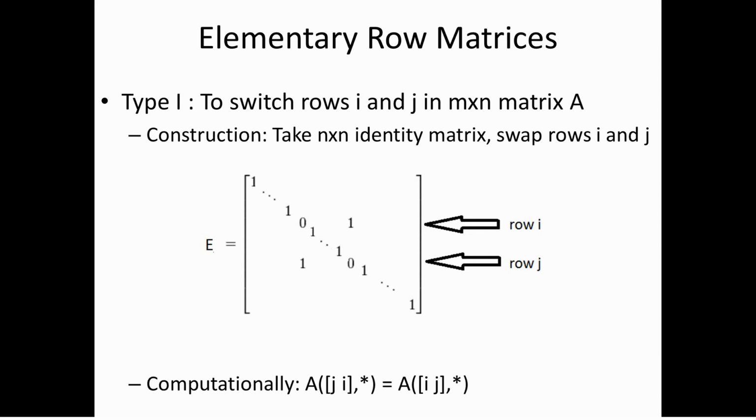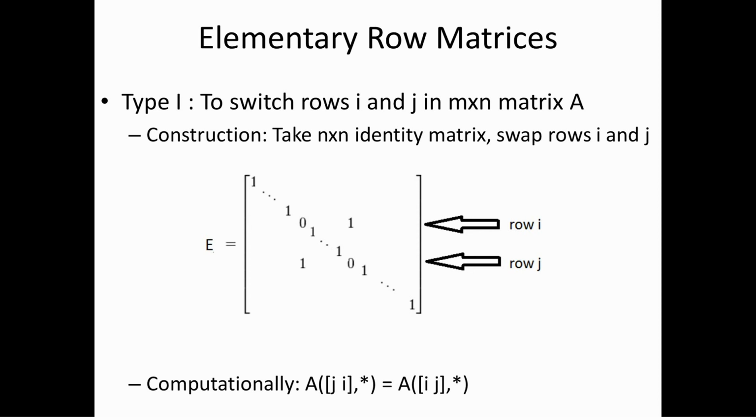This is the MATLAB command for switching the ith and jth rows of a matrix A. So I claim that multiplication of the coefficient matrix by this matrix will perform the operation of swapping these two rows. And if you're unclear about that, you should actually sit down and work this out. Look at this and convince yourself that this matrix does exactly what we say it does.